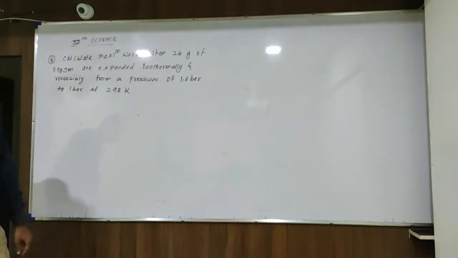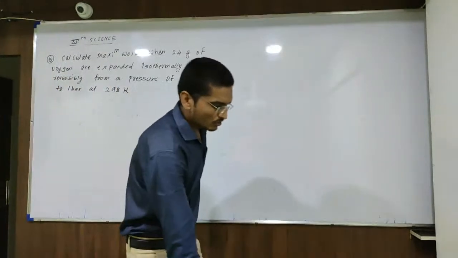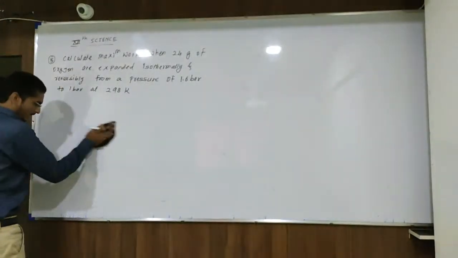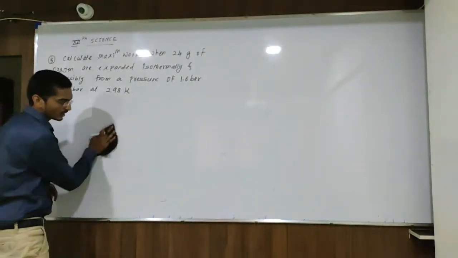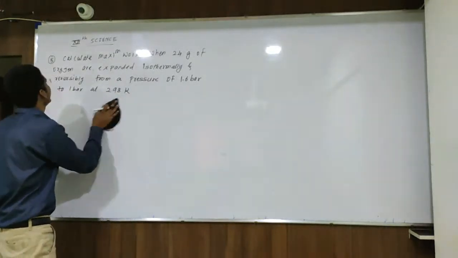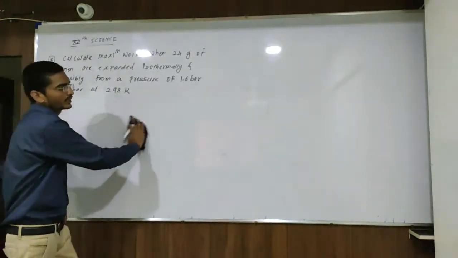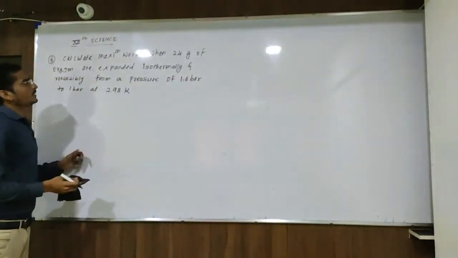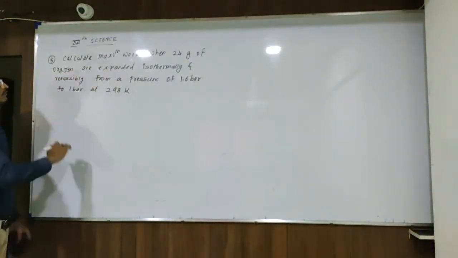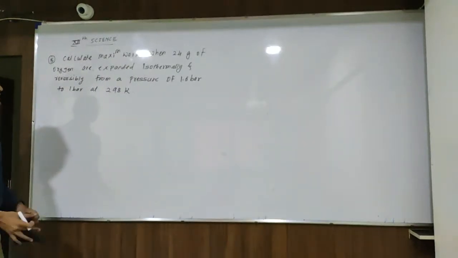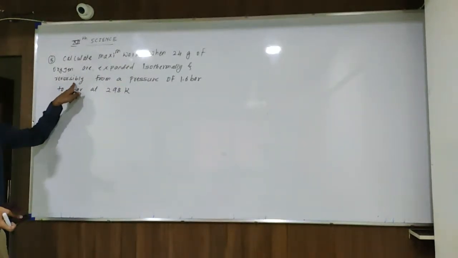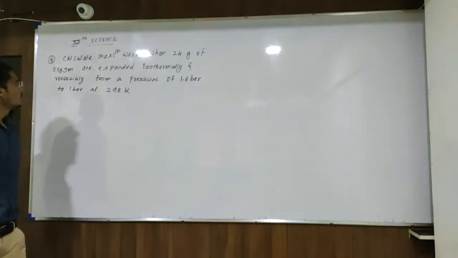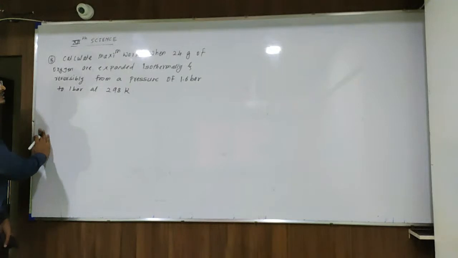Okay, so read the numerical carefully. What are the given quantities? First identify the given quantities and then think about which formula to use for this numerical. Then you will get the answer, that is the maximum work. Calculate maximum work when 24 gram of oxygen are expanded isothermally and reversibly from a pressure of 1.6 bar to 1 bar at 298 Kelvin.